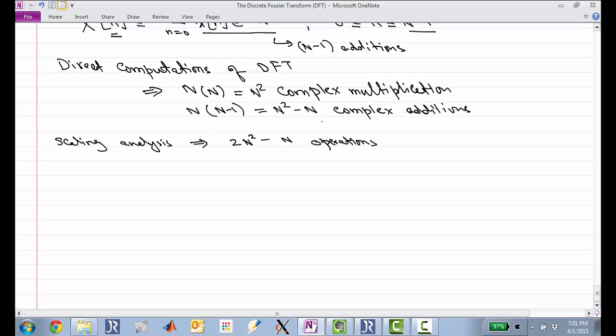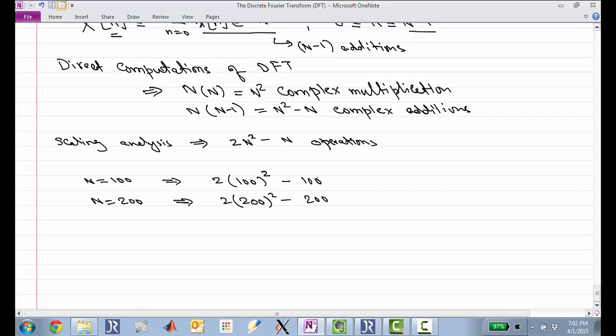So if I say that I have N equal to 100, then that gives me a certain number of operations. That's 2 times 100 squared minus 100. And if I double the number, N equal to 200, then the number of operations is 2 times 200 squared minus 200.